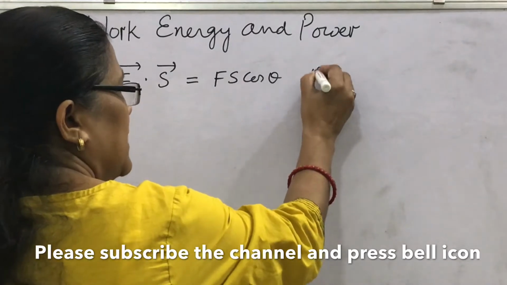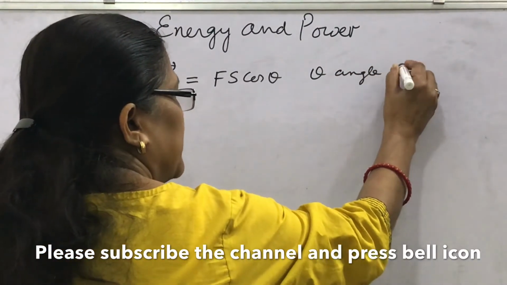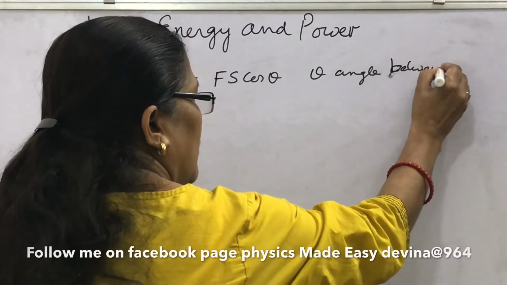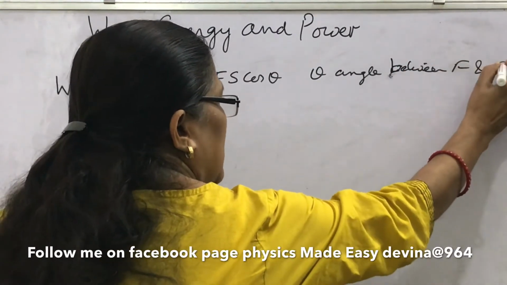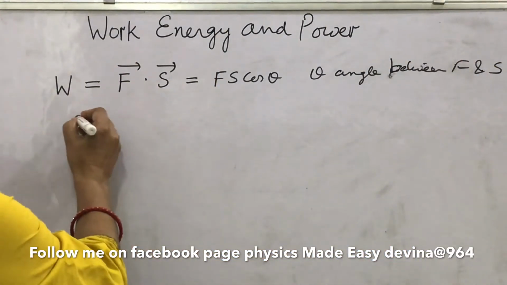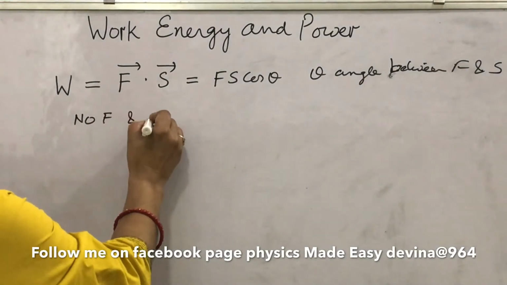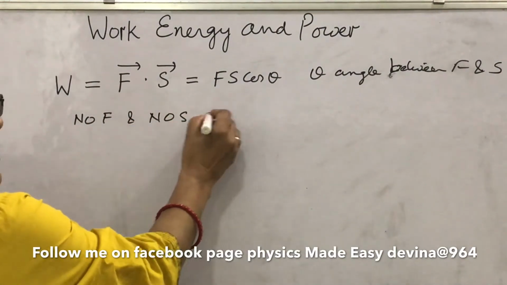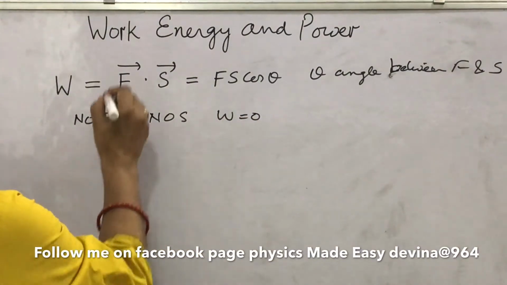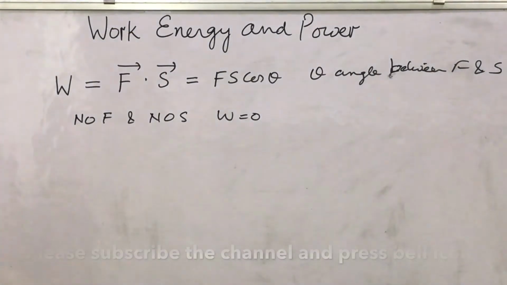where theta is the angle between force and displacement. So if there is no displacement or no force, then work is zero. Otherwise, if force is there, displacement is there, will there be work?